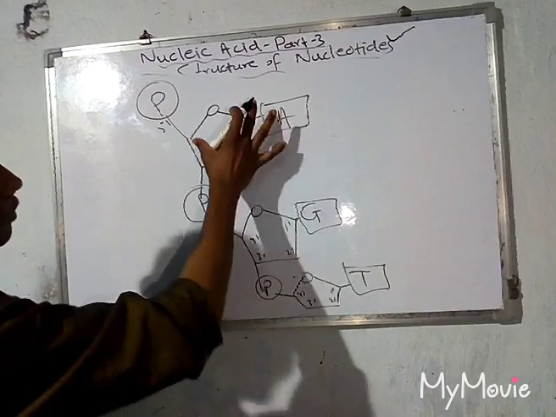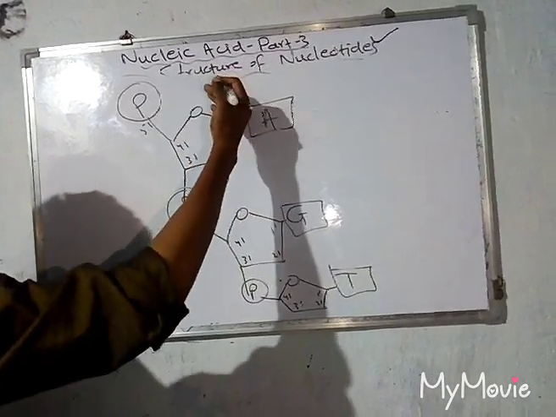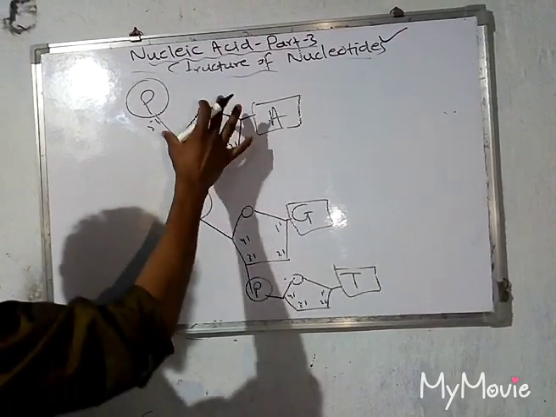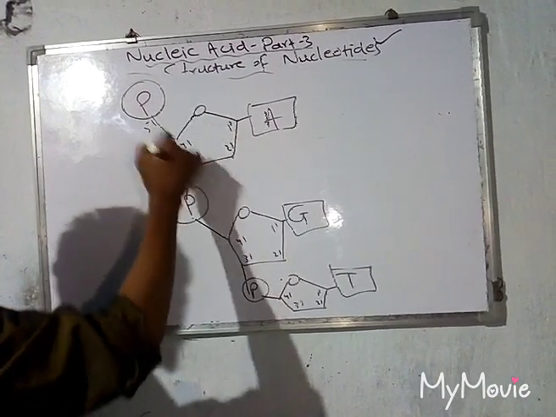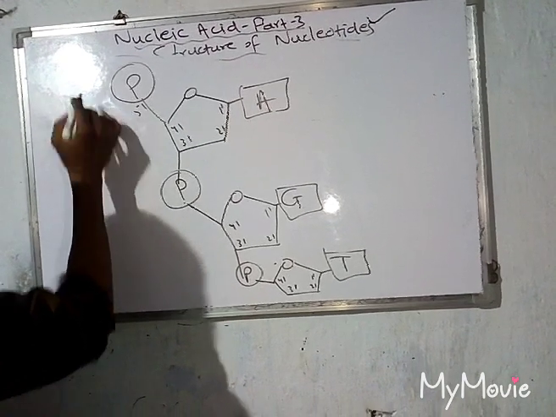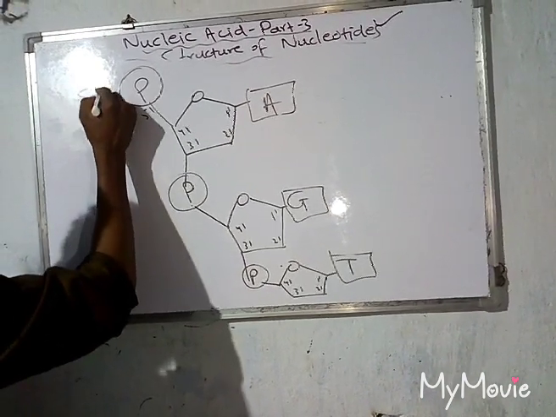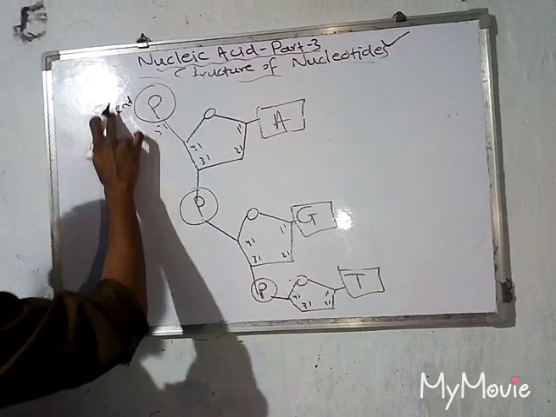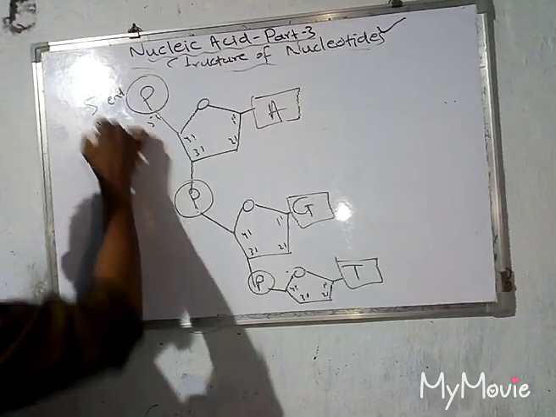Let us consider here T is present, thymine is present. So this is the chain of polynucleotide: one nucleotide, second nucleotide, third nucleotide. Thus many nucleotides join and form a polynucleotide.